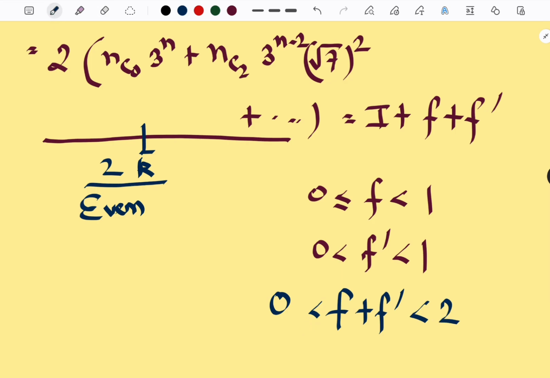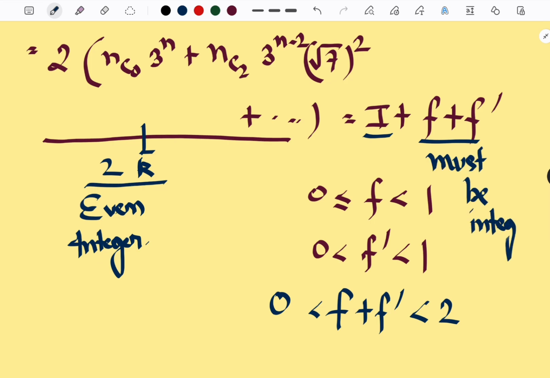Now the left side is an integer. Again we have considered I as an integer, so f plus f' must be an integer. So if it must be an integer, then what value shall it hold? The value that it shall hold is between 0 to 2. So which integer is there from 0 to 2? There is only one integer, that is 1.